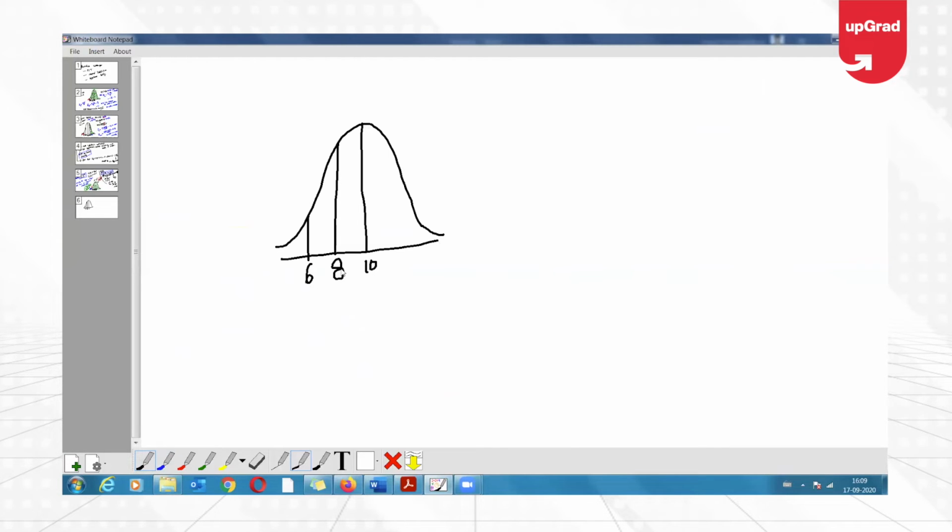If we compare 8 and 10, the rejection region is higher. This is the rejection region of 8 and 10, right? Why is the rejection region higher? Because 8 and 10 are closer. The closer these two points are, the higher the rejection region becomes, right?